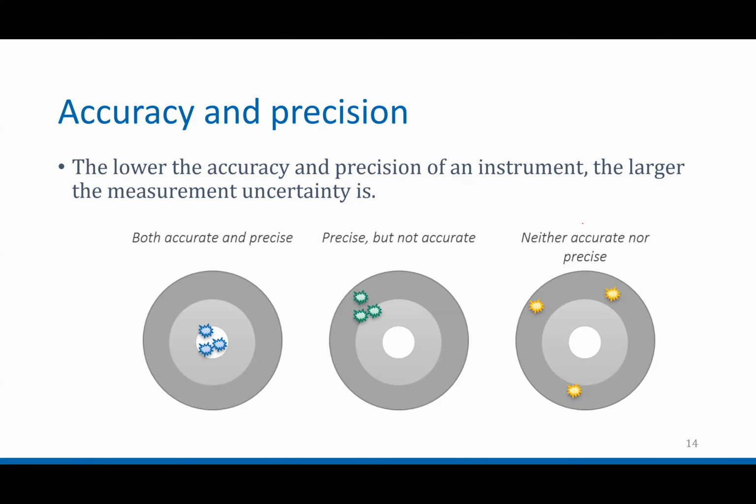So the easiest way to understand this is using these diagrams. They call them bullseyes. They use them in darts or archery. The idea is the middle of this graph or chart is the true answer.